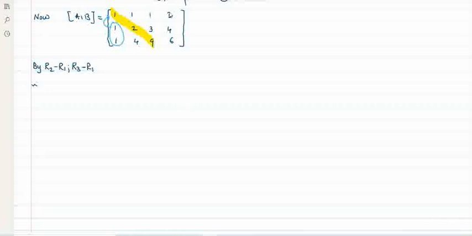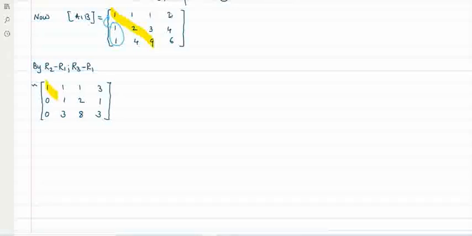New equivalent matrix where first row no change, that is 1, 1, 1 and 3. Second row subtraction: 1 minus 1, 0, 2 minus 1, 3 minus 1, 4 minus 3. Is it right? Next, R3 minus R1: 1 minus 1, 4 minus 1, 9 minus 1, 6 minus 3, that is 3.